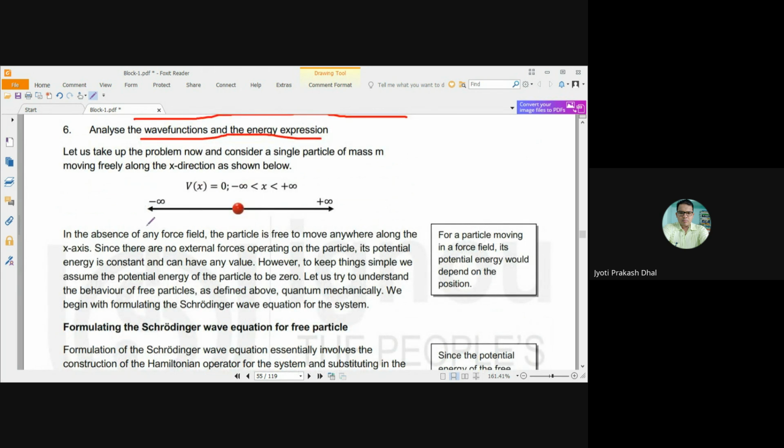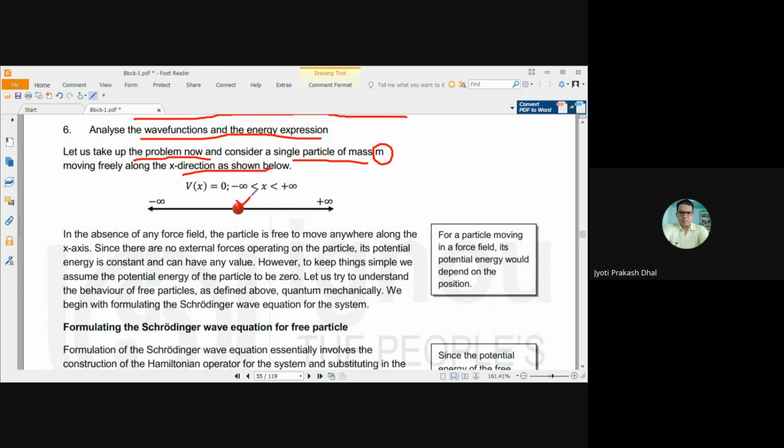Now, as we initially stated, the particle will move freely in three dimensions without any obstacle. Let us take the problem now and consider a single particle. So here we will consider that the mass of the particle is m, moving freely along the x direction as shown below.